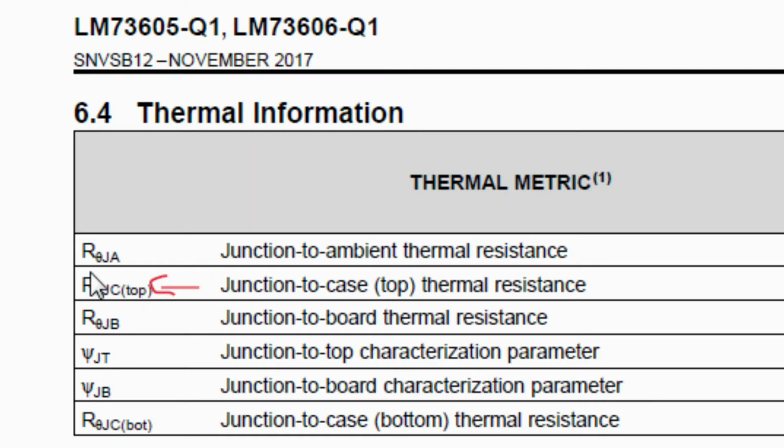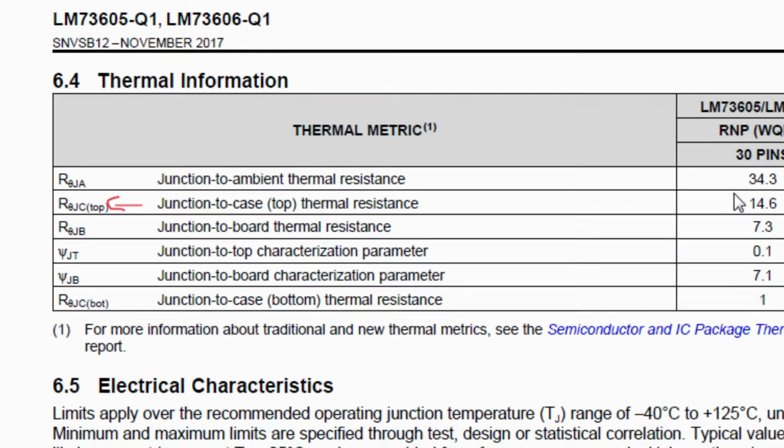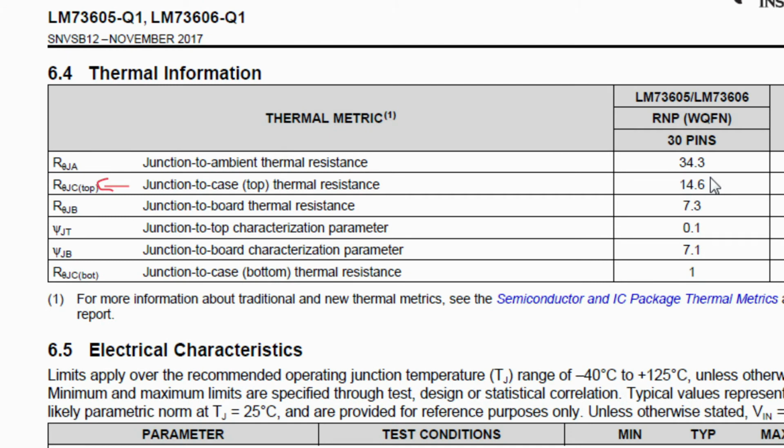So in this case, we have R theta JC top. It's 14.6 degrees C per watt. And so that's telling you that if a watt of power took this path, you would get a 14.6 degrees C rise. And then we would use that to calculate our junction temperature.